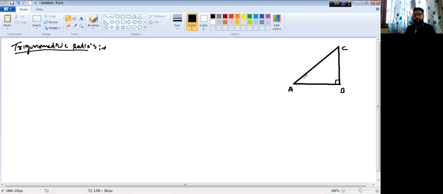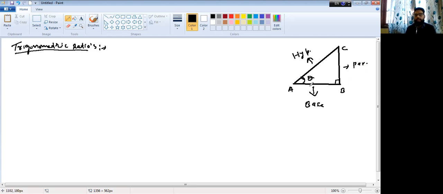If we consider this angle theta, then the side which is adjacent to this angle theta is known as the base of this right angled triangle, and the side which is opposite to this angle, that is BC, is known as the perpendicular of this right angled triangle, and the longest side of this triangle, that is AC, is known as the hypotenuse of the triangle.